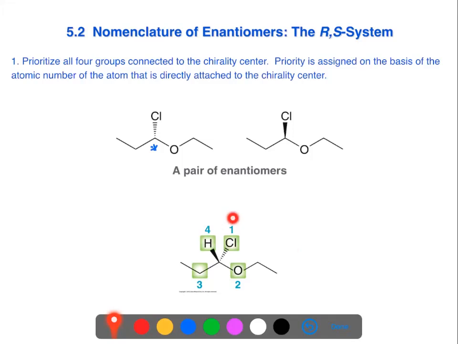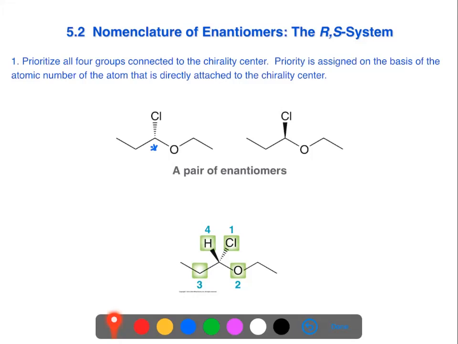Now, chlorine having a higher atomic number than either oxygen or carbon, it will be assigned the highest priority. Again, you're just looking at the first atom. You're not looking at any of the other atoms in a particular substituent. It's the first atom that you look at initially. Now we're comparing oxygen with the carbon in this ethyl group, and oxygen has a higher atomic number than carbon.